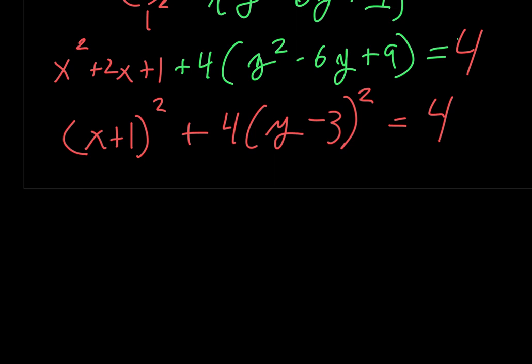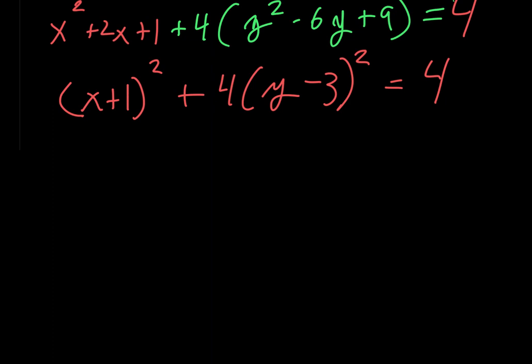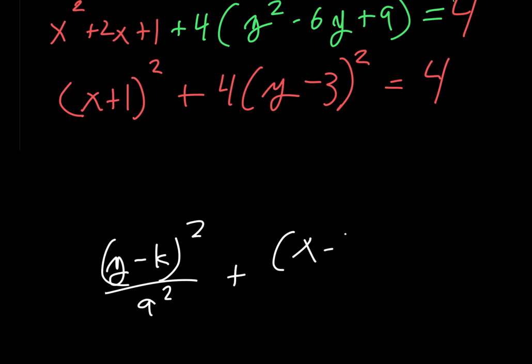And down here at the bottom, I'll rewrite what the standardized form was again. It was y minus k squared over a squared plus x minus h squared over b squared equals 1. It will always be equal to 1 when I write it in standard form for an ellipse. Also for a hyperbola. But this is an ellipse.